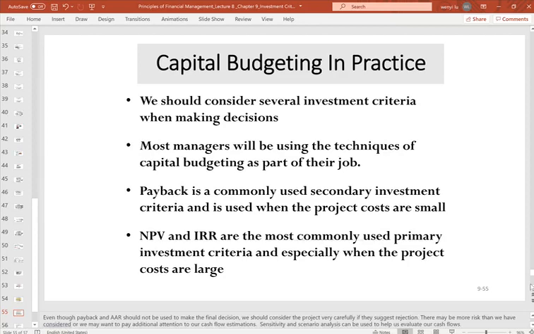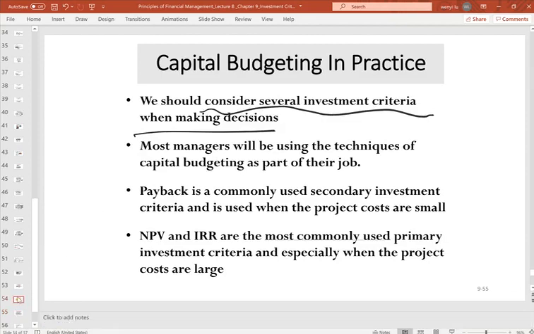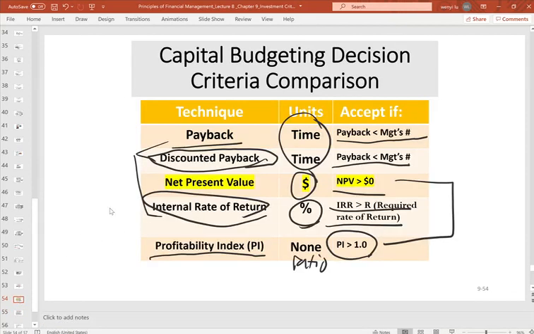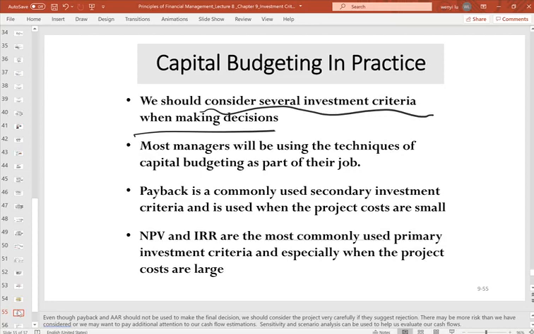While we try to report a feasibility analysis for projects, while you're in a conference room discussing with your team members the feasibility of one project, you must consider several investment criteria while making decisions. So basically we will report all these five indicators to make our decisions in total.